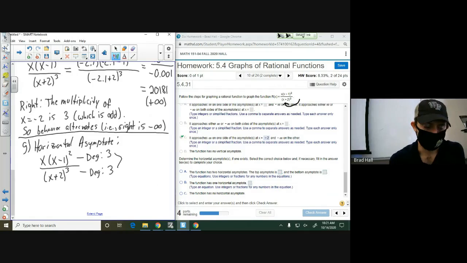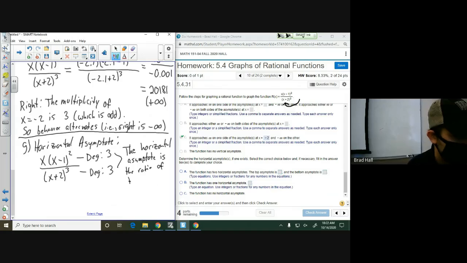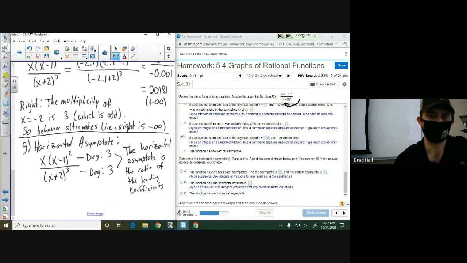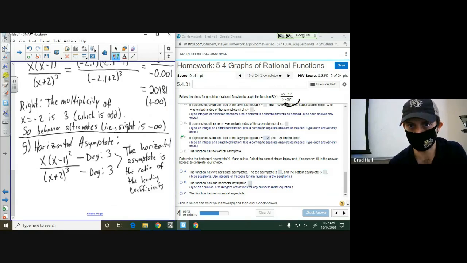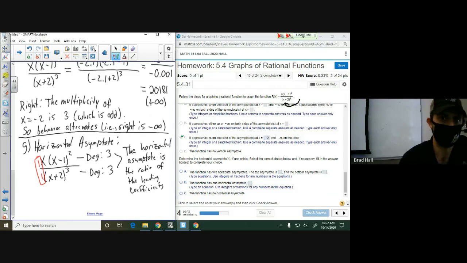So what does that mean? Well, this means that the horizontal asymptote is the ratio of the leading coefficients, which means whatever the leading numbers are, which in both situations seems to just be 1 and 1.